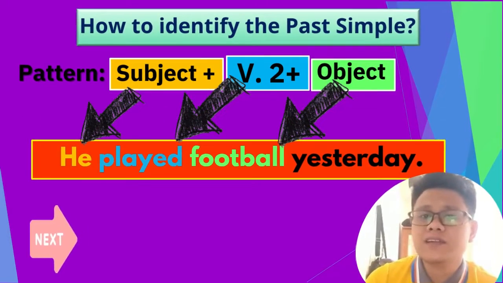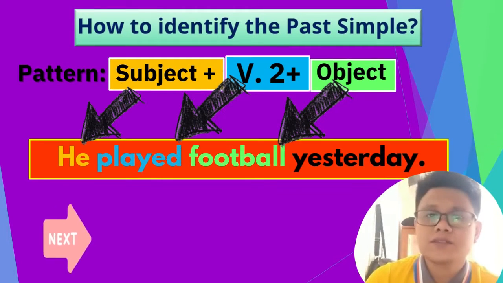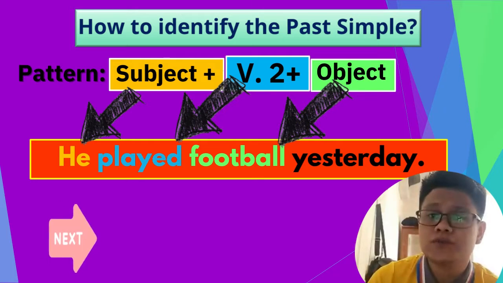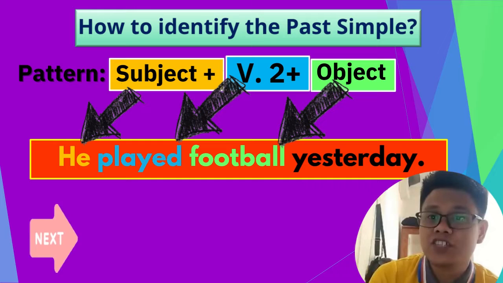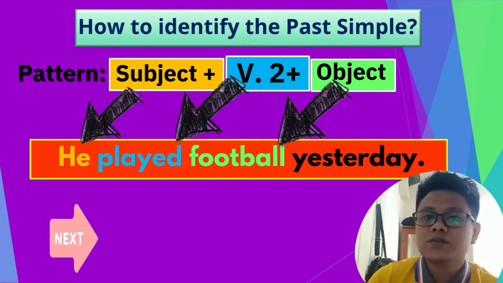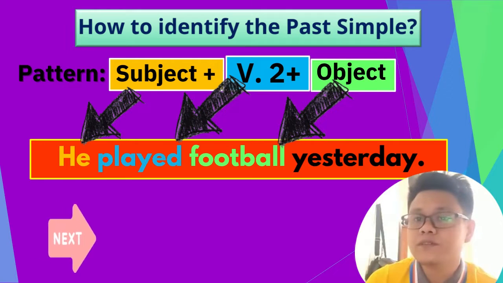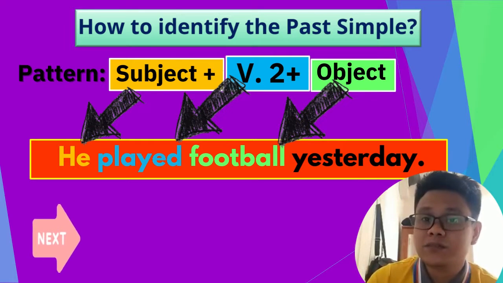So now let's learn how to identify the past simple. Okay, so now we have a pattern to follow. As you can see, there is the subject, the verb, which is already changed into past simple tense, plus the object. Okay, so we have an example sentence. Let's read.